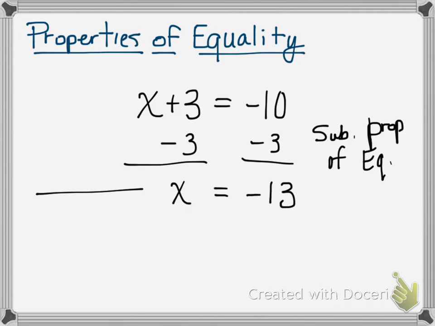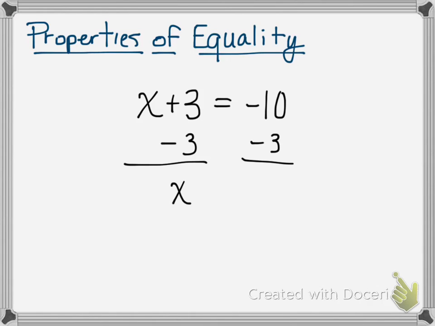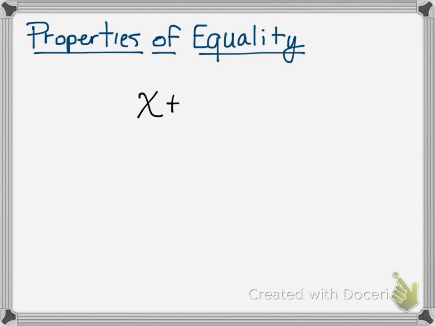My new equation, x equals -13, has the same solution as the original equation. Okay, so that's the properties of equality, and we know that we can do that with addition, subtraction, multiplication, and division. So we can do it with all the operations, and we use those to solve equations.